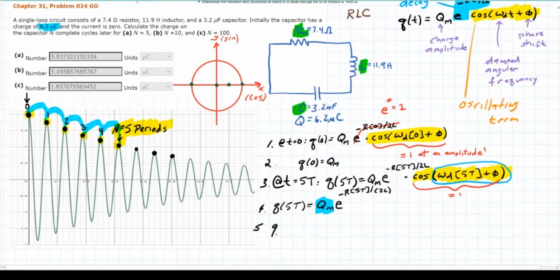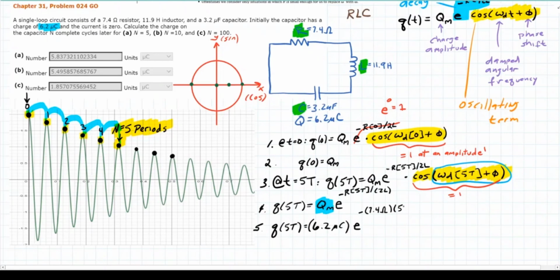All right, so after 5 bounces, I have 6.2 microcoulombs, 6.2 e to the minus 6 coulombs, e to the minus r. So r is, for me, 7.4 ohms times 5t, and then, what's t? I don't know.